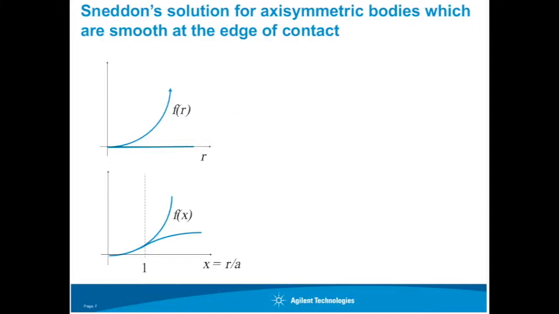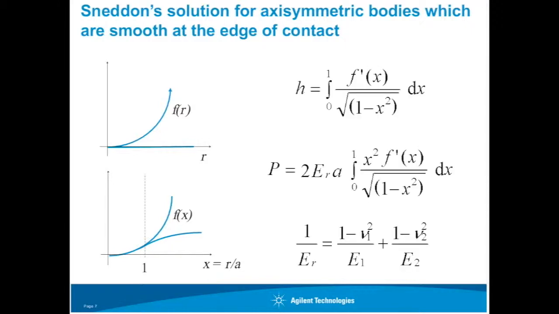It's just that this makes the radial coordinate dimensionless. So we start out with this radial coordinate, we divide by the contact radius to get this radial coordinate x. So by definition, the edge of contact is always at x equals 1. This transformation makes the math easier because the domain for x is just from 0 to 1.